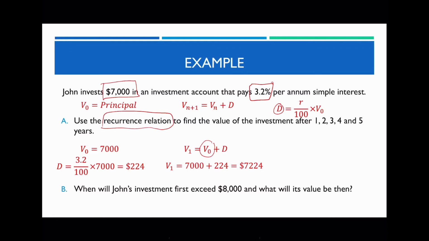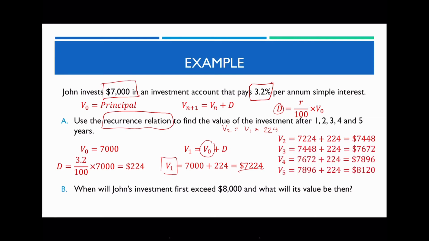Therefore, at the end of the first year, I'm going to have $7,224 in my balance. To find the second year, all I need to do is use this formula: V2 is equal to V1 plus D, which in this case is 224. So if I apply that formula, this is what I'm going to get. As I said, remember, with recursive relations we're just adding the same amount every single time. So if you do this for the other values, this is what you're going to get.